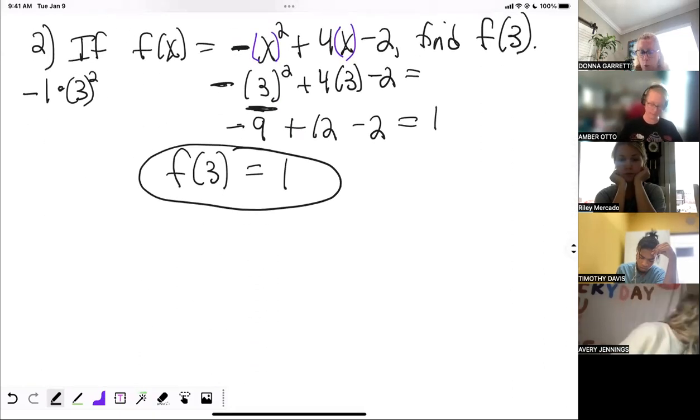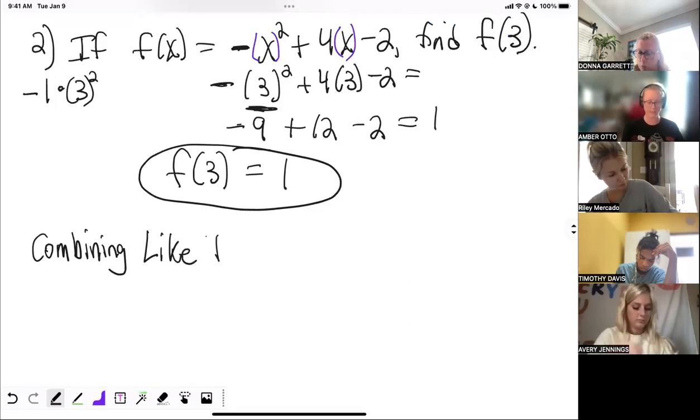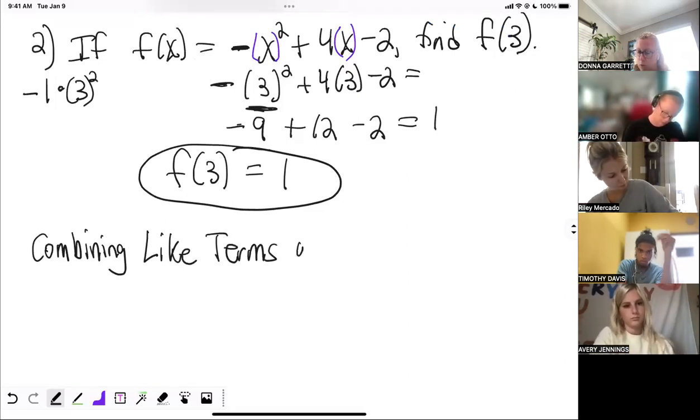I'm just gonna do one little note on combining like terms. Combining like terms with polynomials.